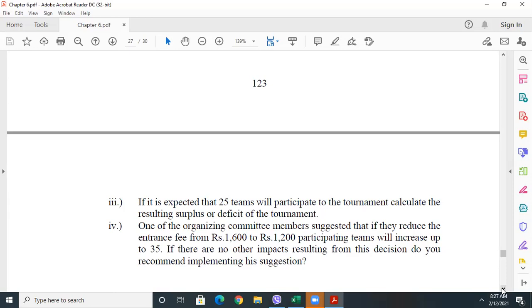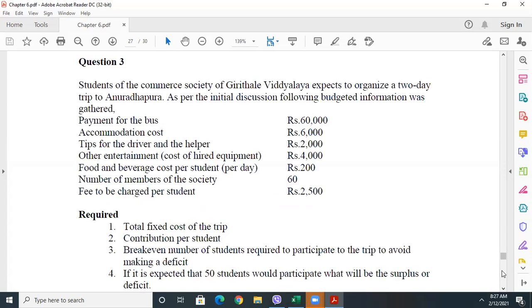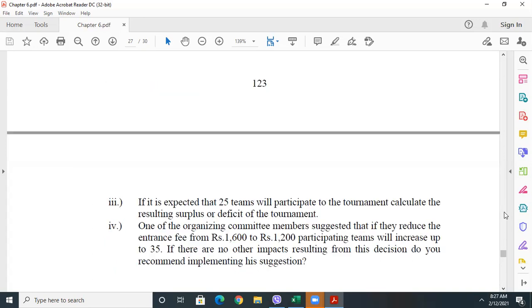One has come up with the suggestion that if the entrance price is reduced from 1,600 to 1,200, the number of teams that may participate would increase to 35. If there is no other impact resulting from this decision, do you recommend implementing his suggestion? Okay. Then it asks, what if scenario? Okay. So that is the requirement.